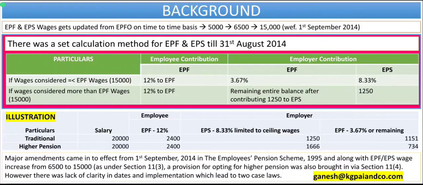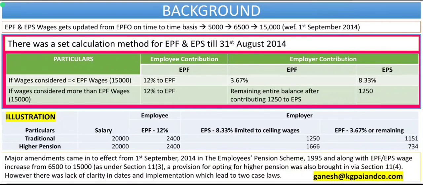Coming back to the calculation, I have given here an illustration of what happens when PF wages are more than PF ceiling wages and the employer decides to give PF on such wages. In the first case, I have given the traditional calculation method, where 12% of employee provident fund wages, that is 12% of 20,000, will go and sit in the EPF account, and the amount is 2,400 rupees.